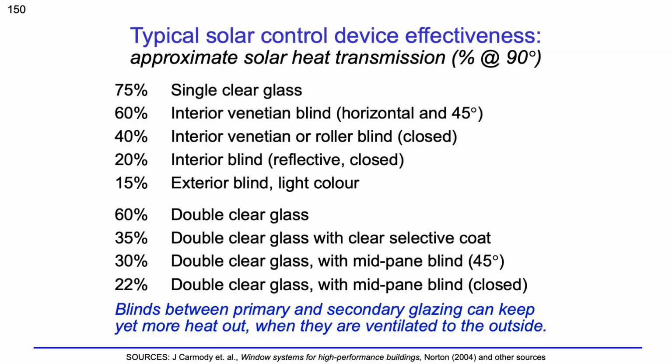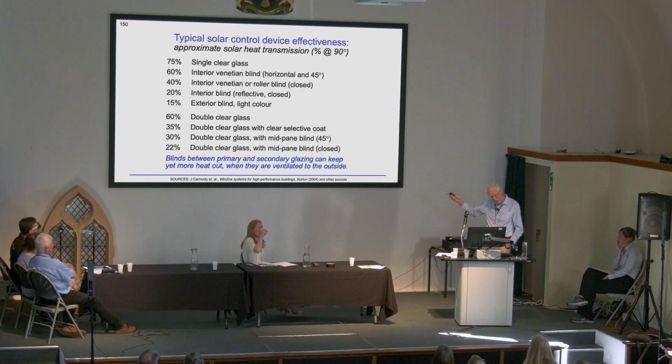But you can see the interior blind takes a bit off, but not very much, 75 to 60, unless it's shut, and then you're not getting the light. And if it's opened a little bit, then you don't get much of the benefit. If you have a reflective blind, you get down to about a quarter of that. With an external blind, you get down to 20% or sometimes less.